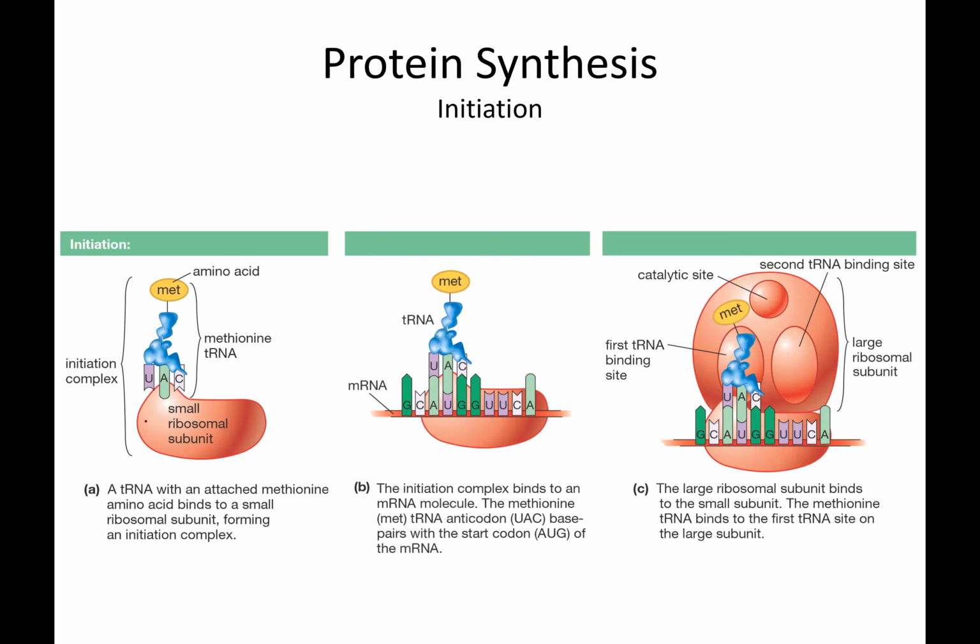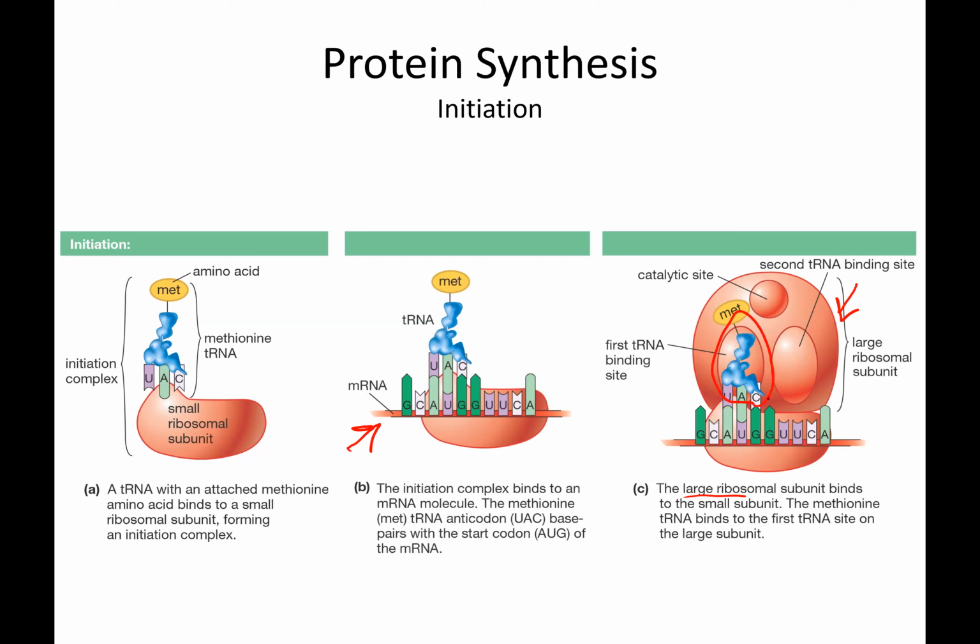So nothing can really happen until we have mRNA binding to that ribosomal subunit. Once it binds, then the large ribosomal subunit, this guy right here, binds to the small ribosomal subunit and the mRNA, and then you are able to have your first tRNA match.